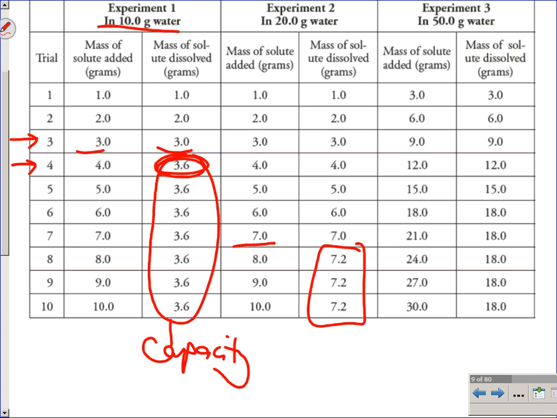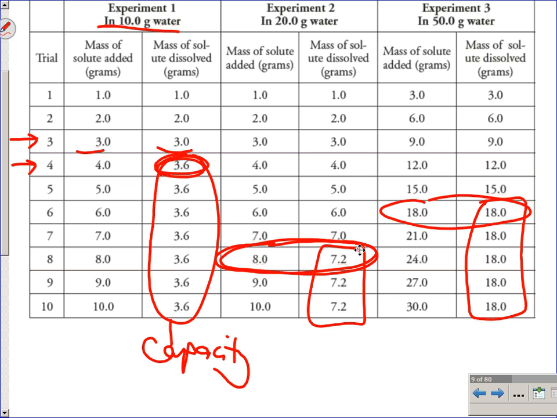Basically trial 8, because you can't say trial 7, because it's what at that point? Unsaturated. And then experiment 3? 18 grams is the saturation point. And when did we meet that? Trial 6, yes.